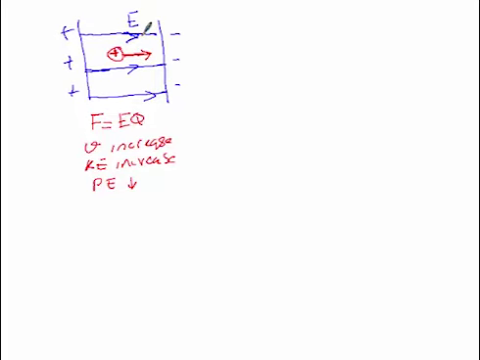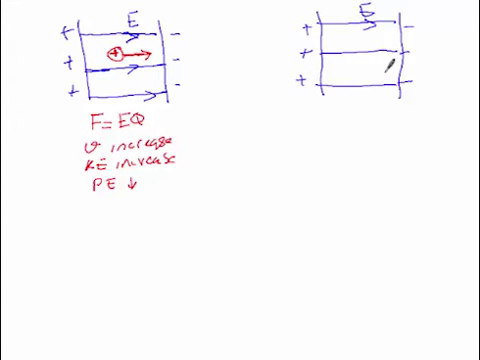And if we have, for example, a negative charge, so this is again positive and negative, and E is the direction of the uniform field. What if we placed a negative charge here? The negative charge will move towards the positive plate.